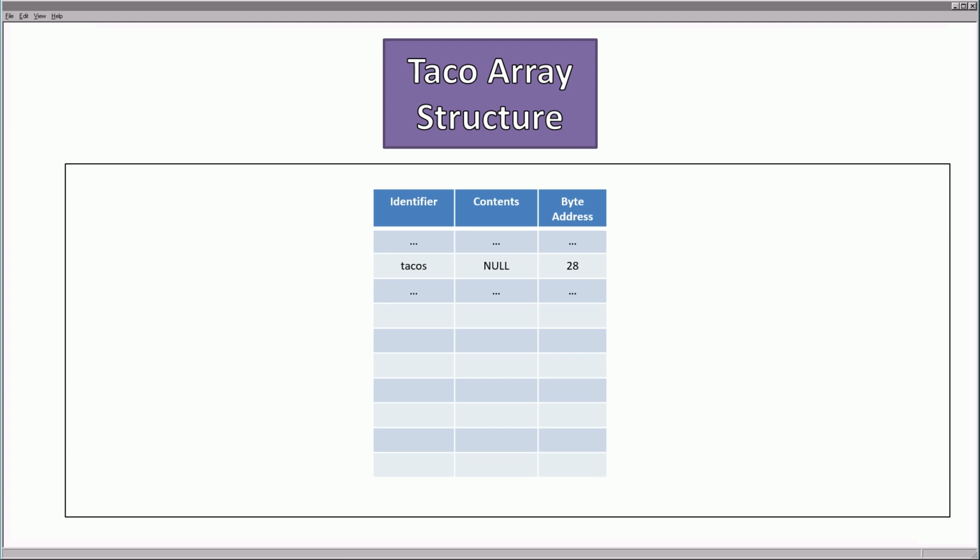So when we use that reserved word new and we construct it, and let's say we use the default size, which is 10, when we construct 10 elements, it looks something like this. And then once again, the identifier tacos references the contents of the array. It points to the first element.